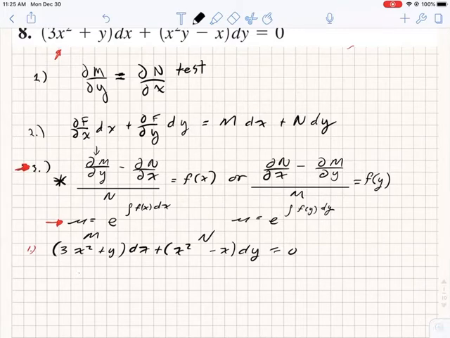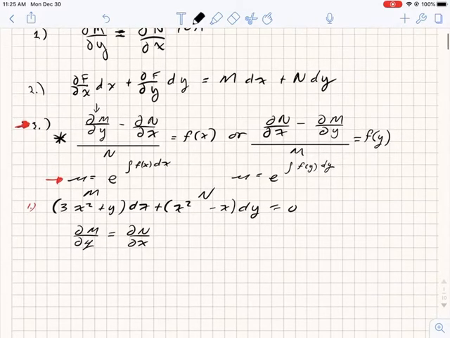So once we identify what our M and N is, we can take the partial derivative of M with respect to y and set it equal to the partial derivative of N with respect to x.